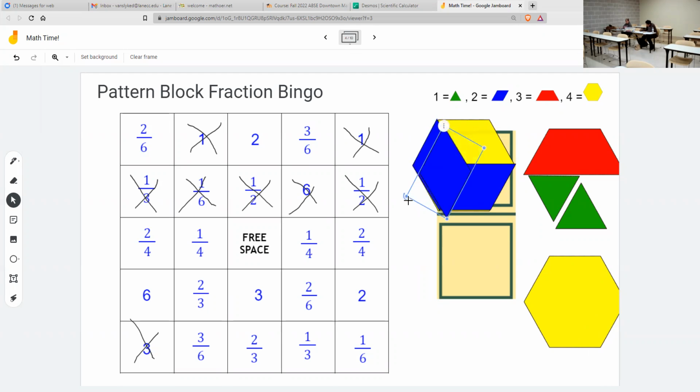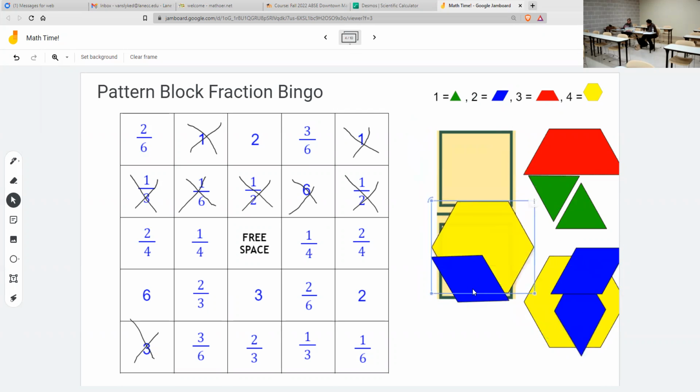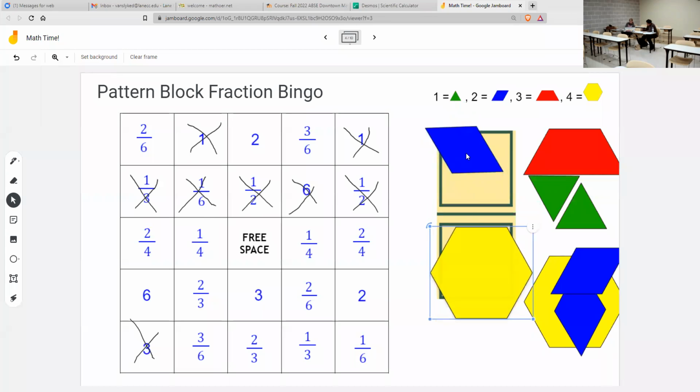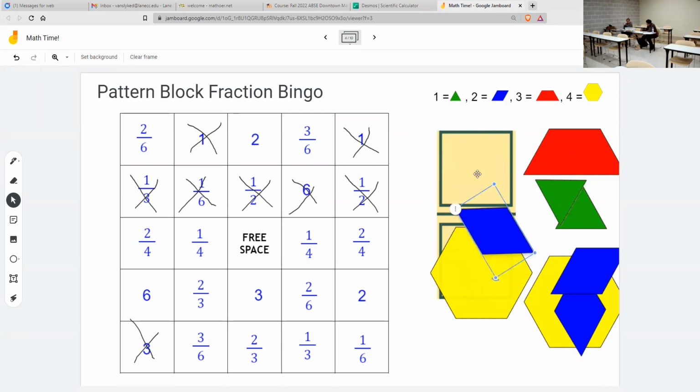Then we need another one. So we could make this into a 3, right? If blue is 1, then yellow counts as 3. Okay. So you could cover a 3, you could cover 1/3 the other way, or you could even cover 2/6, because if you're thinking in terms of 6, that's 2 of them.